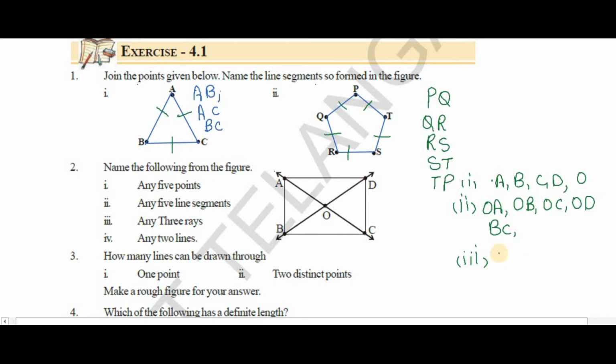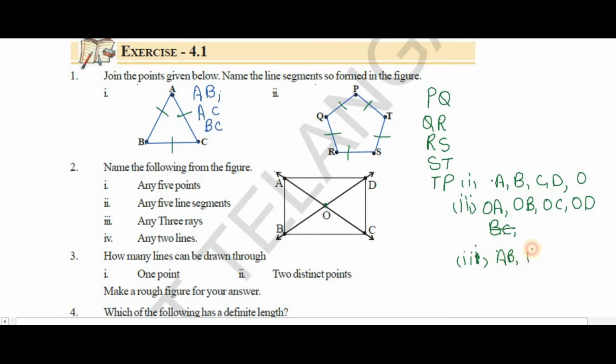And next what? Any 3 rays. Ray means what? From one point it should go from here to this one. Okay, I'm sorry, these are called rays, and now we will write down this second one here.